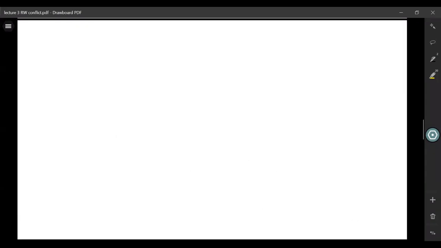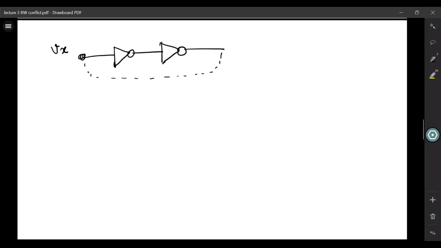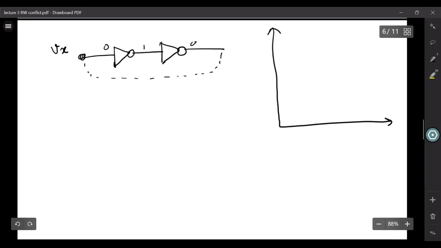So let us look at this bistable element characteristics again. Let us say we are applying a voltage Vx over here, which is coming from your access transistor. And the state of this inverter is like this, 0, 1 and 0. Let us look at the butterfly curve for this bistable element.